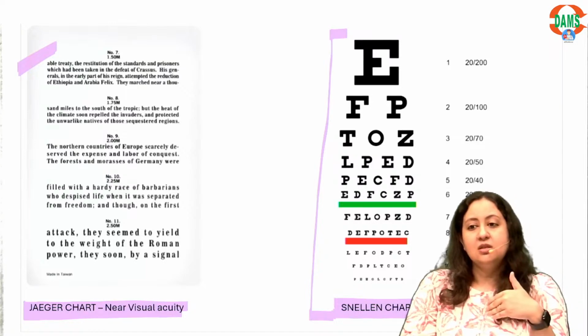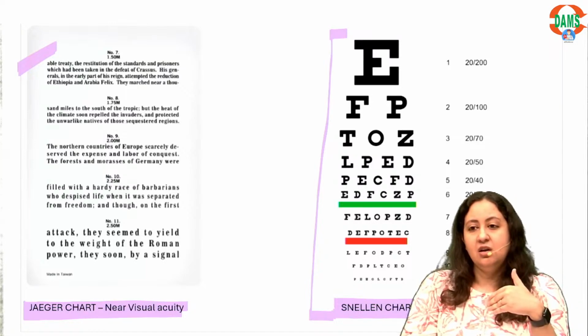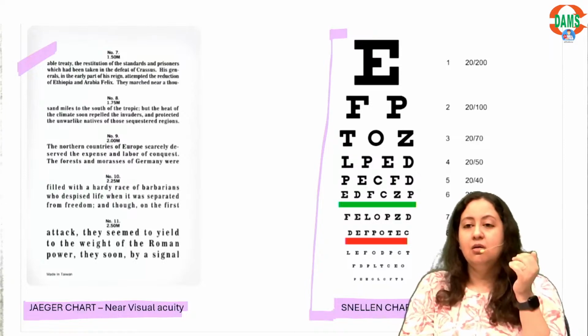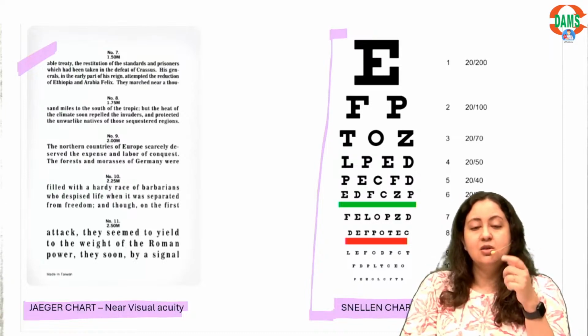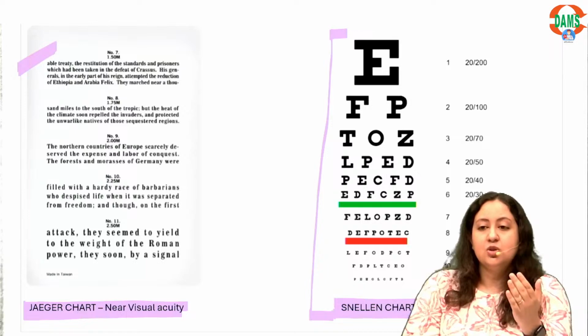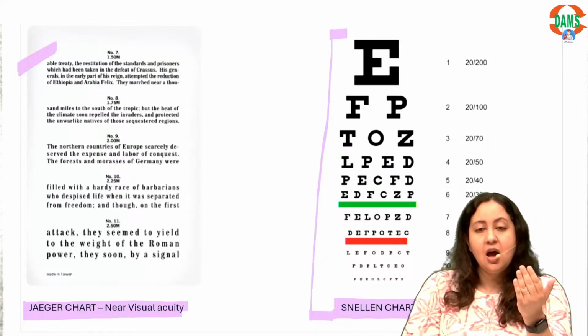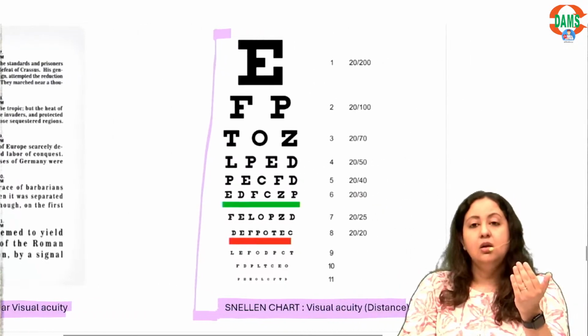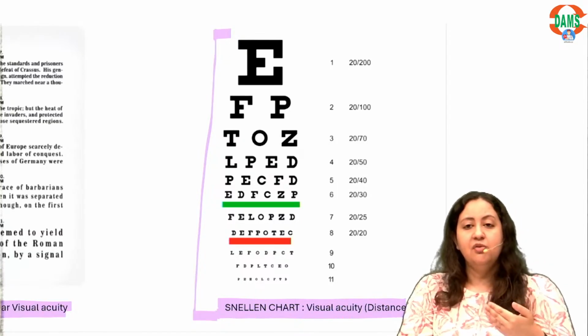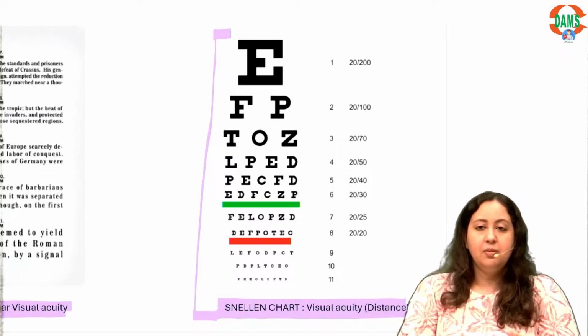You're made to sit on a chair, approximately 6 feet apart from this chart, and the doctor covers one eye and asks you to read up till the smallest font that you can read. So Snellen's chart determines your visual acuity from a distance, and Jaeger's chart determines visual acuity from a nearby area.